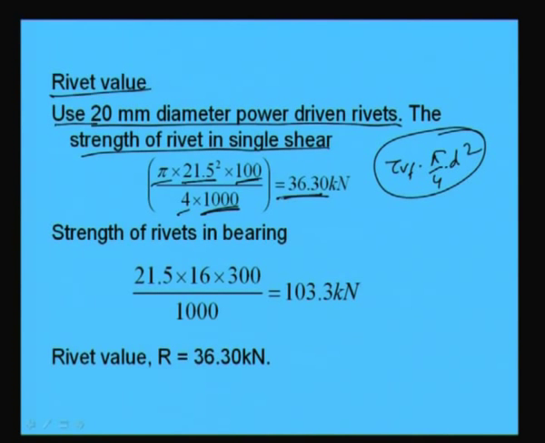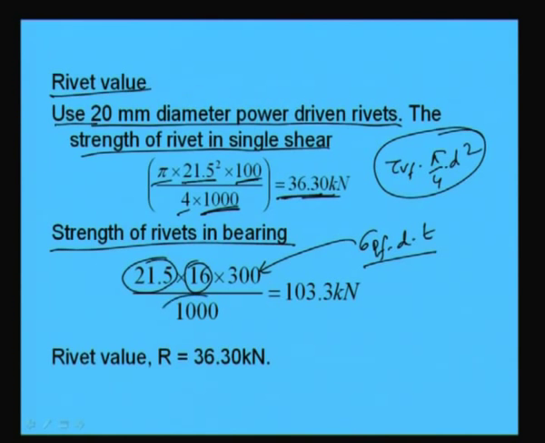So, we are going to get the rivet value due to shear, and due to bearing the rivet value will become sigma Pf into d into T. Sigma Pf value is 300 MPa and diameter is 21.5 and thickness is 16, right.